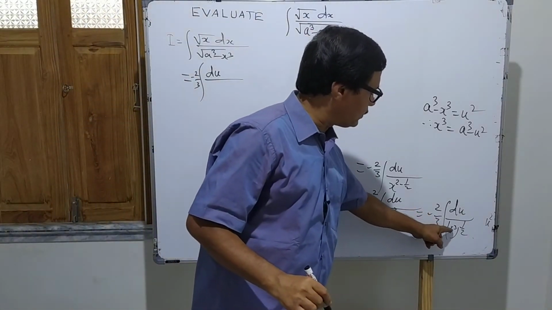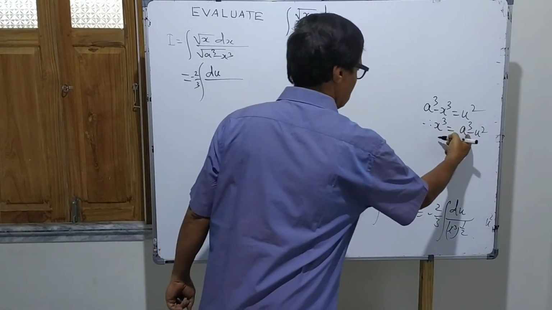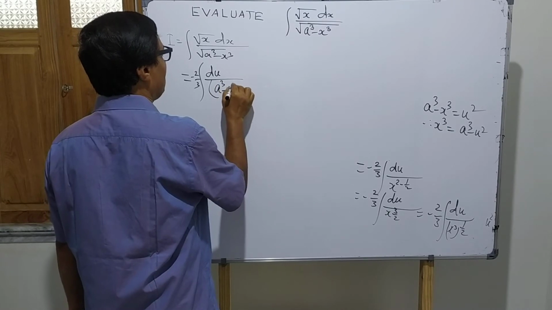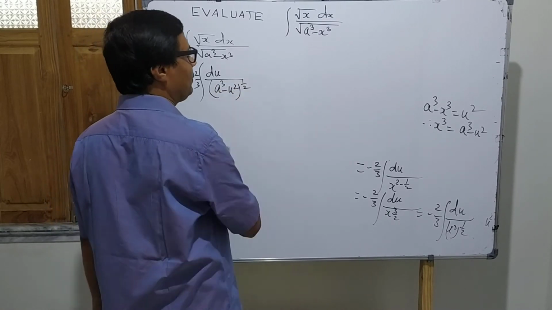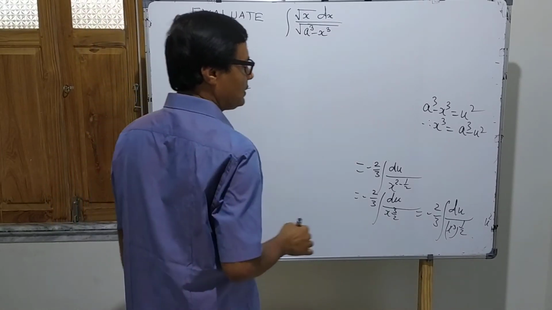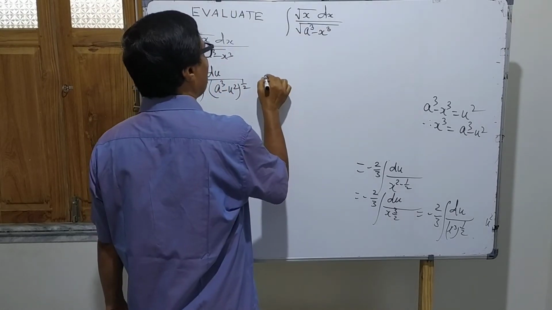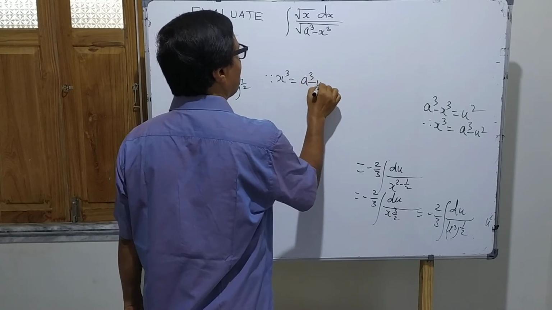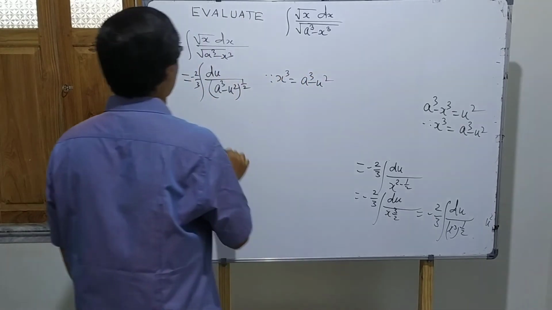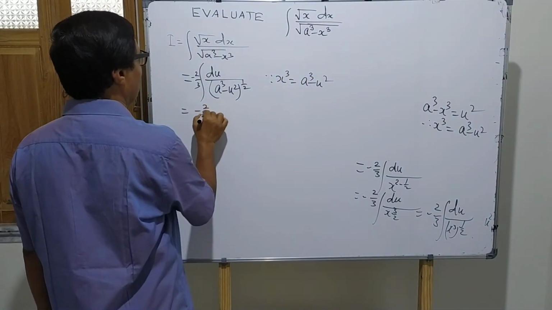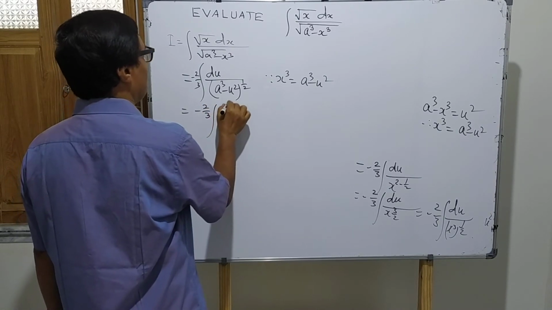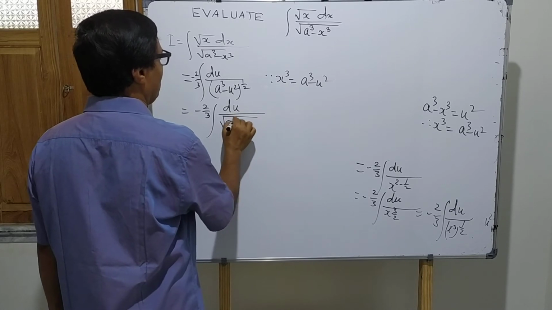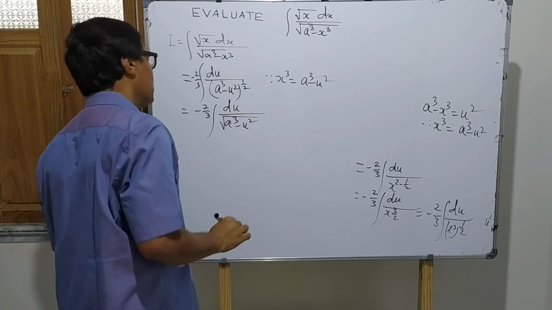So minus 2 over 3 du over x to the power 3 over 2, where x cube is a cube minus u square to the power half, since x cube equals a cube minus u square. So this is equal to minus 2 over 3 du over root of a cube minus u square.